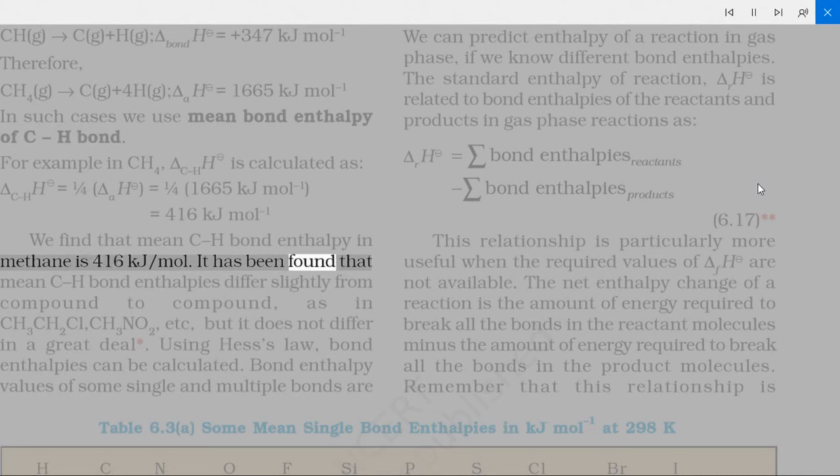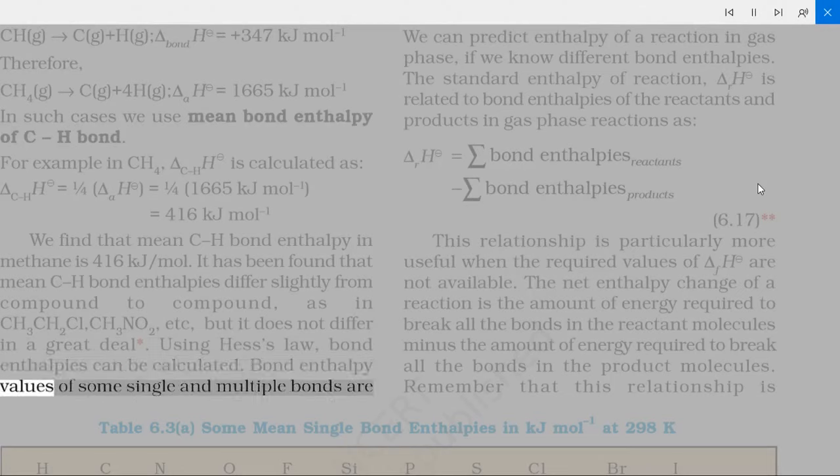It has been found that mean C–H bond enthalpies differ slightly from compound to compound, as in CH3CH2Cl, CH3NO2, etc., but it does not differ a great deal. Using Hess's law, bond enthalpies can be calculated.